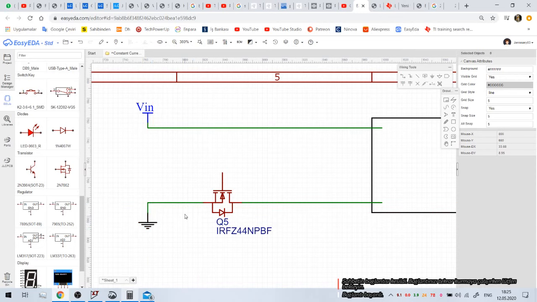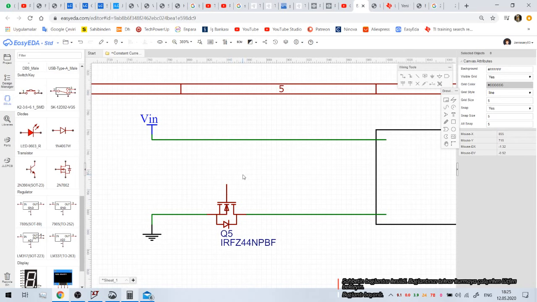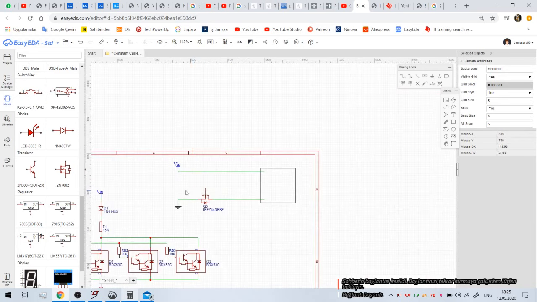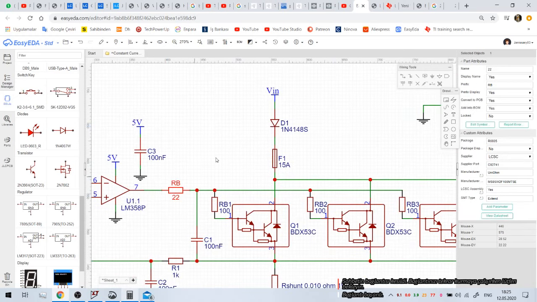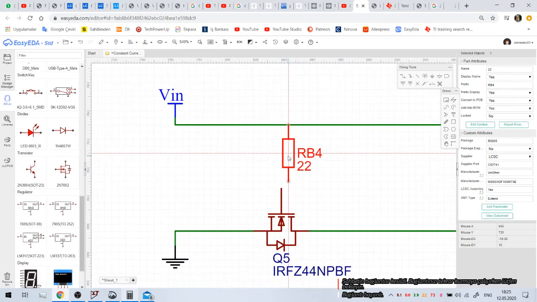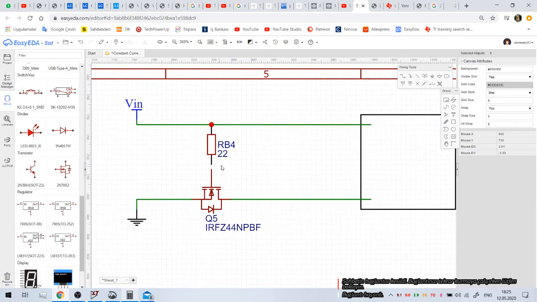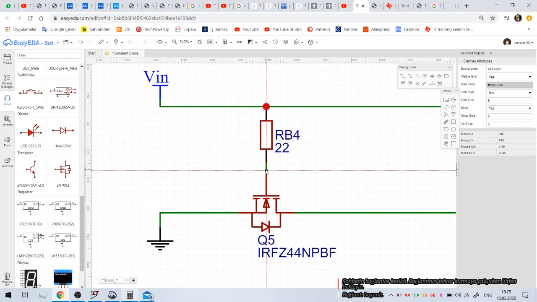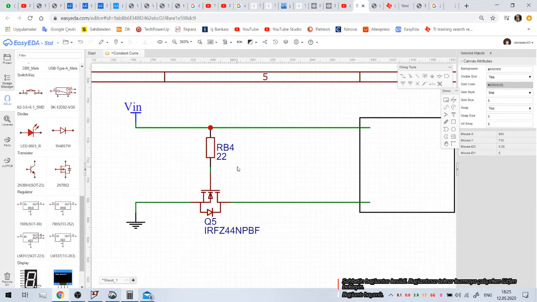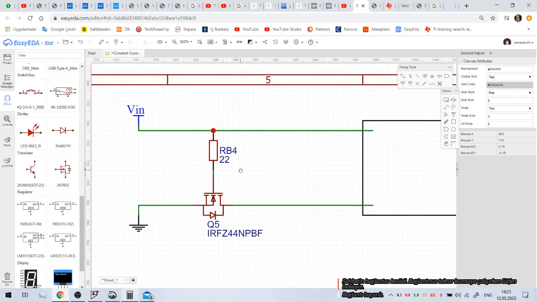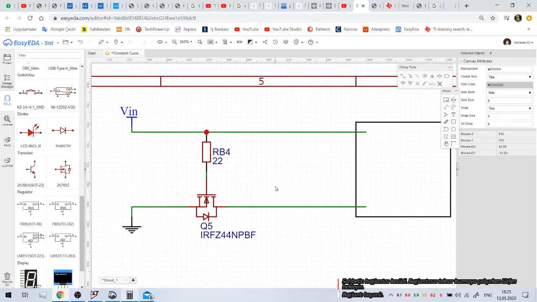Yes, and add some resistor here. Okay, and you can see we will examine, V in will flow like this.